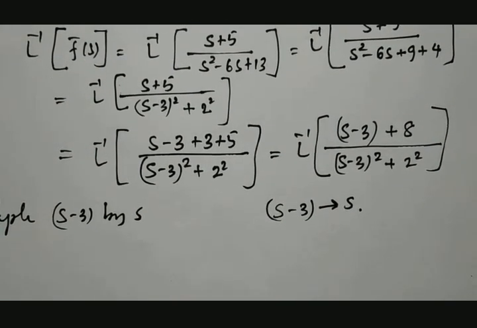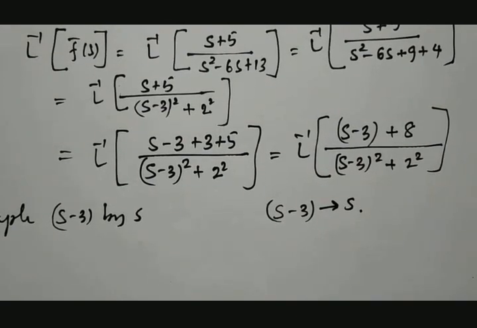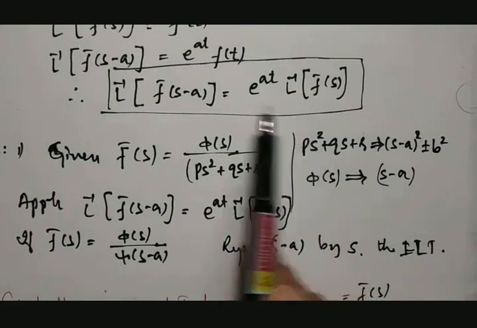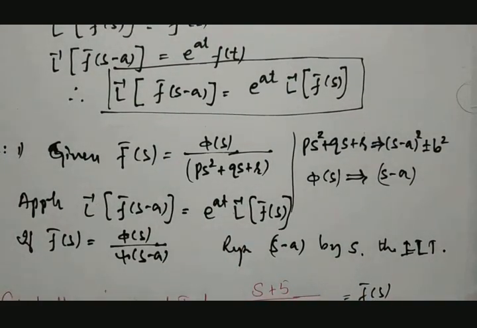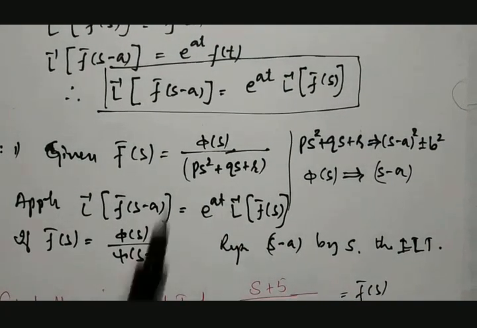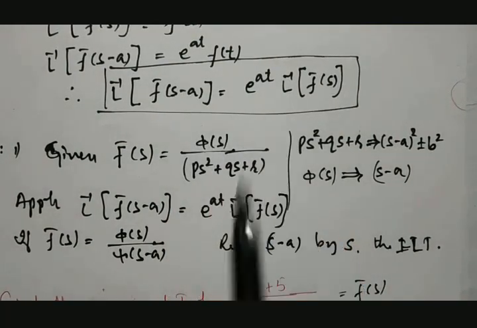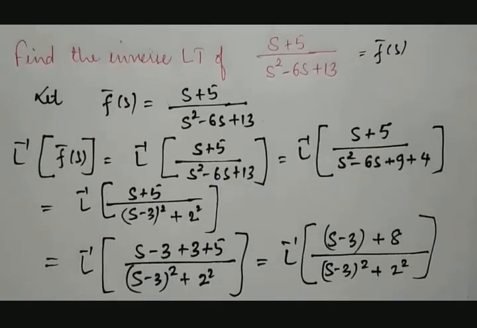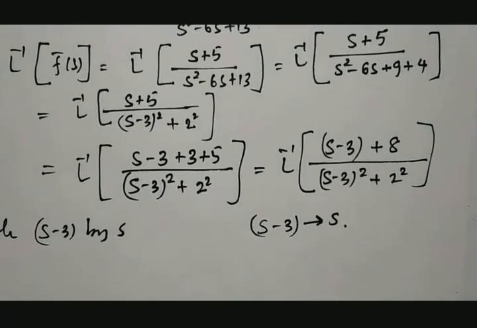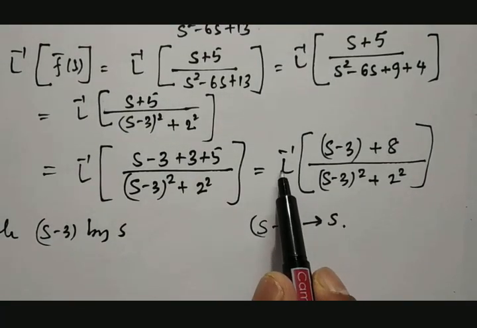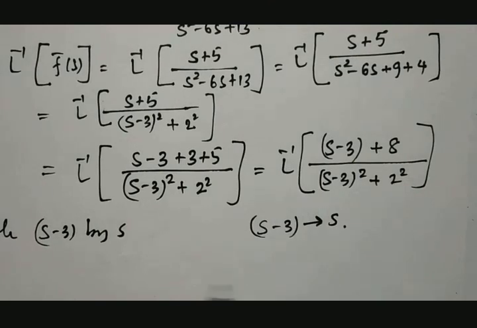But when we replace s minus 3 by s, you can check it out with this result. When the main term is being replaced like this, then automatically what happens? Exponential term will be multiplied. Immediately exponential term will be, see how we can write this result.